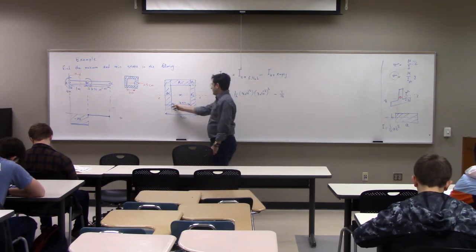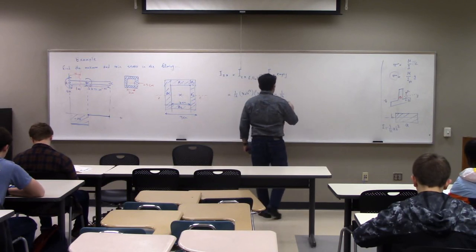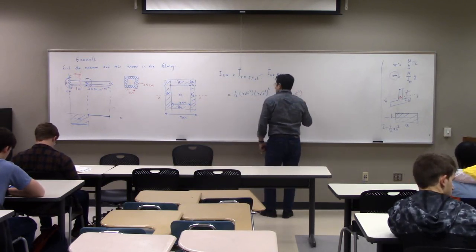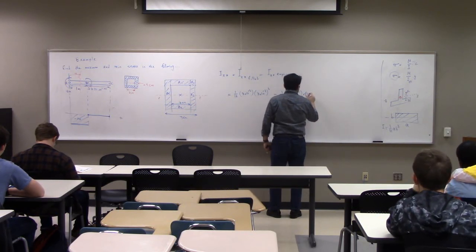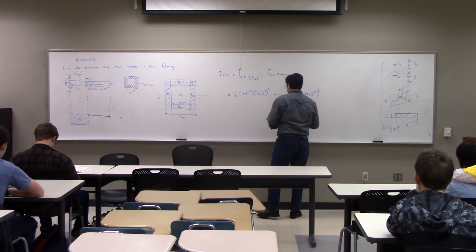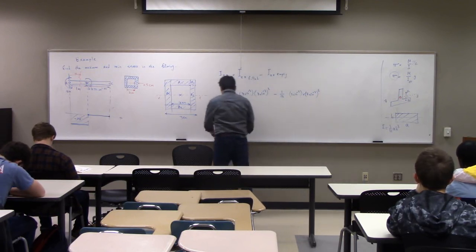Now the smaller one, the empty one, is 2 times 10 to the negative 2, times 2 times 10 to the negative 2, cubed. Put it in the calculator.